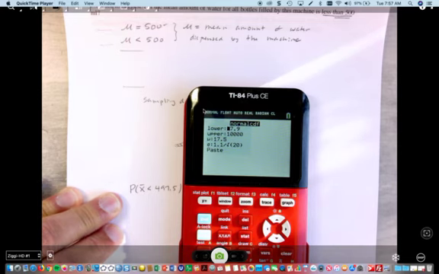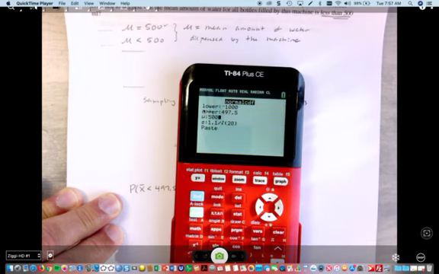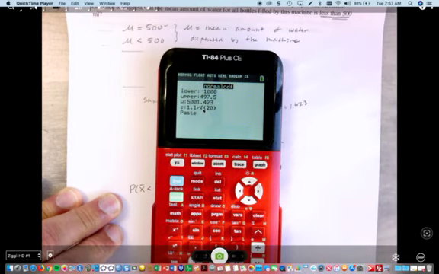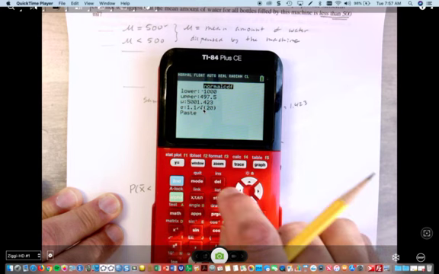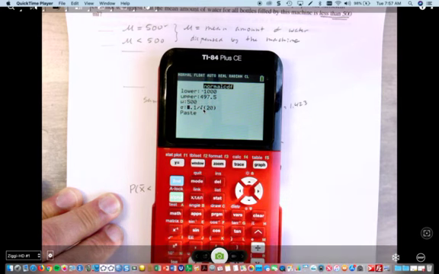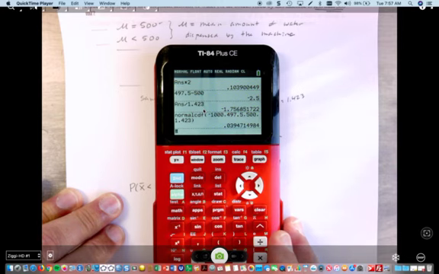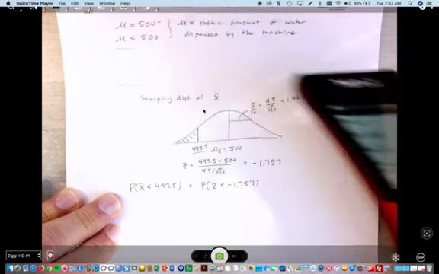I can never find that EE 99, so I'm just going to put in negative 1,000, which will act like negative infinity. We go up to 497.5, with an assumed mean of 500 and a standard deviation of 1.423. And we get a probability of about 3.9%.